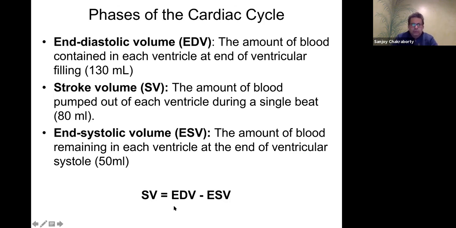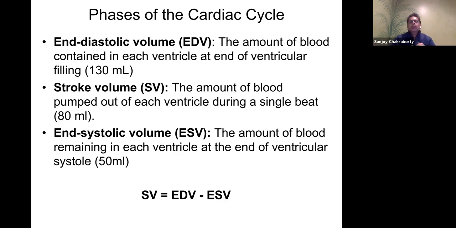On the other hand, ESV depends on afterload and contractility. So these are the two different words. So EDV, one more time: venous return and preload. ESV: afterload and contractility. So let's focus on each word now.